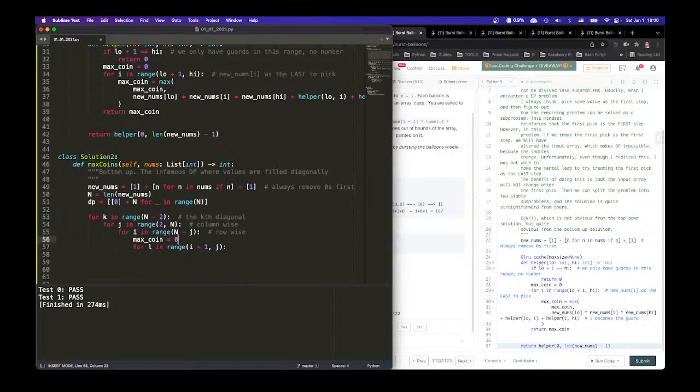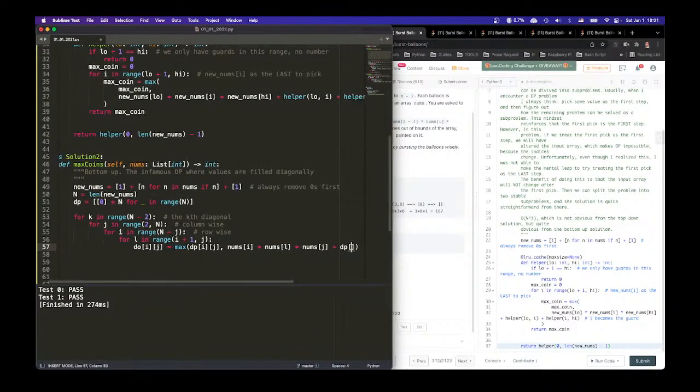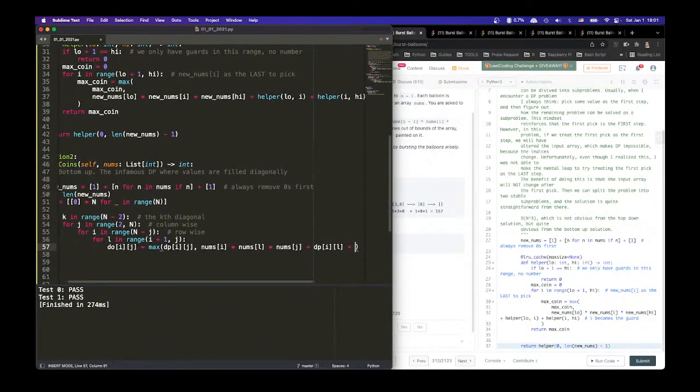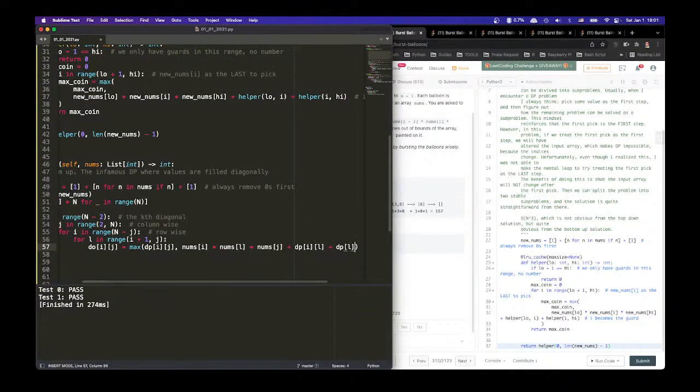Well, actually, it's not max coin because we have max coin, I already know. So we just say dp ij equals max of dp ij and nums I times nums L times nums J, plus dp IL plus dp LJ.